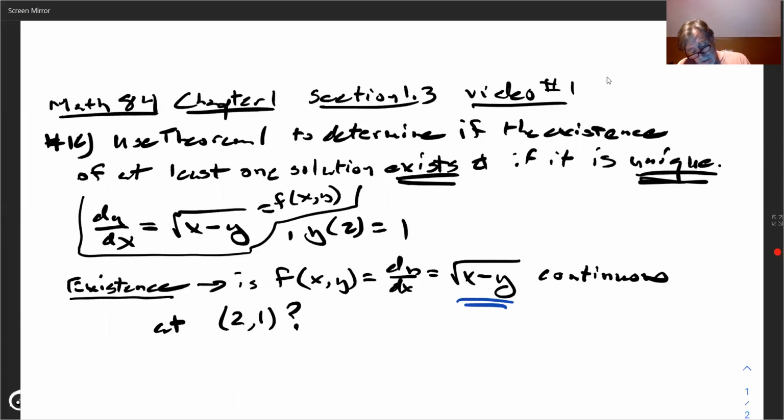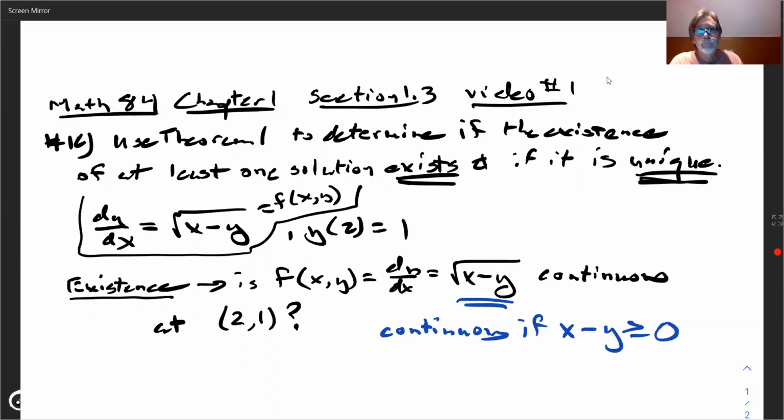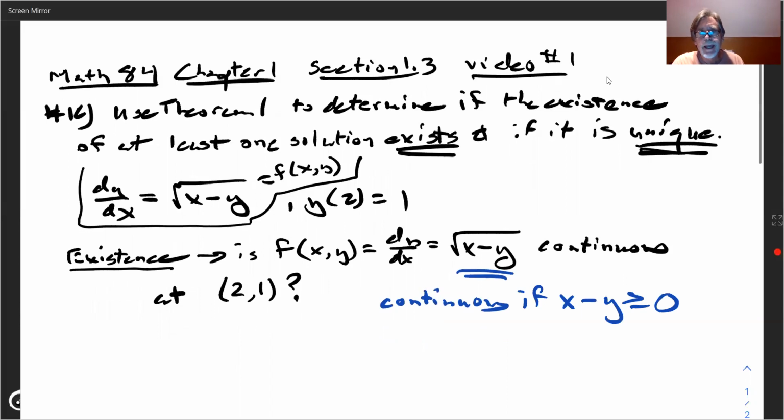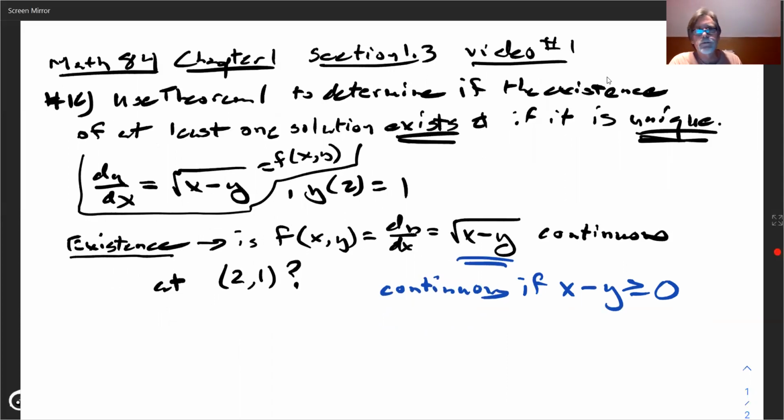Well, this guy is continuous because it's the square root function, which is continuous, but it is only defined when, what do you call that thing, the radicand, x minus y is greater than or equal to 0. Because I'm not going to square root a negative and get into complex numbers. That's a whole different world.